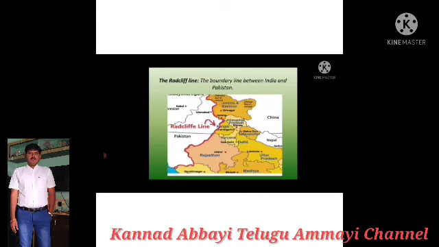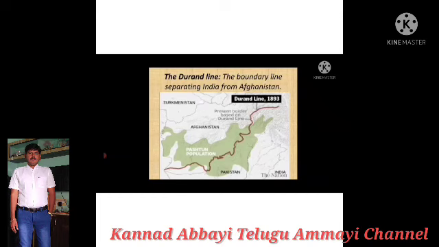The Radcliffe line is the boundary line between India and Pakistan. In this you can see the red line between India and Pakistan, that is the Radcliffe line. This one divided India and Pakistan. The Durand line is the boundary line separating India from Afghanistan.